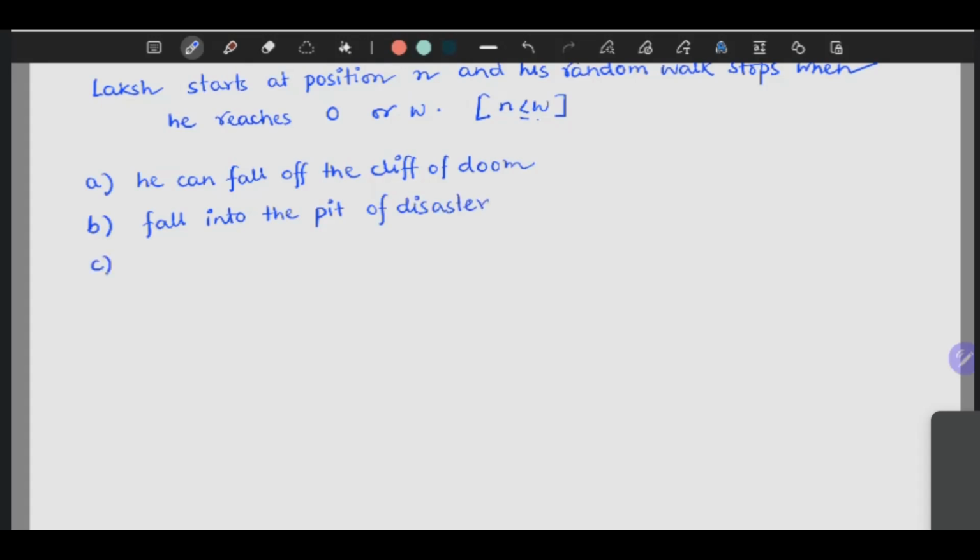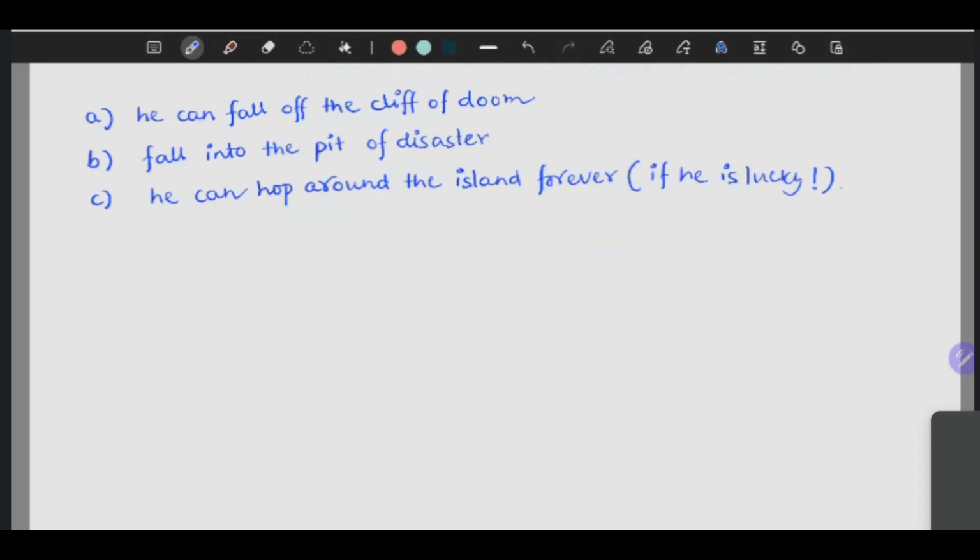Or third, he can hop around the island forever, of course, if he is lucky. We'll see whether he is lucky or not. So let's check what the probabilities associated with those outcomes will be.